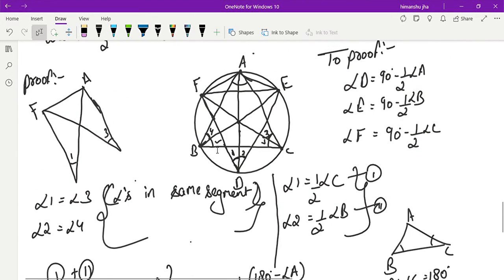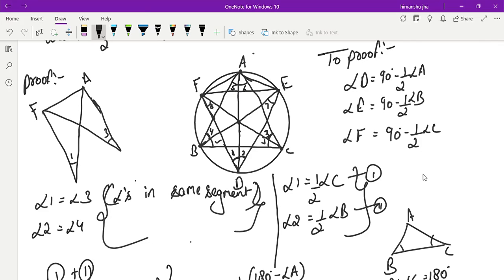Now if you mark these angles, let's say here you can mark angle 5, angle 6, and here angle 7, angle 8. This is half of angle C. Angle 5 is half of angle C.